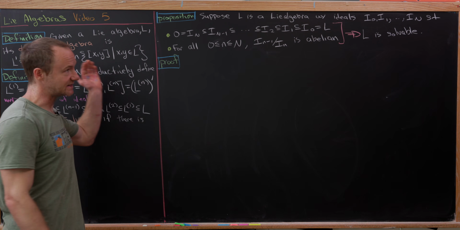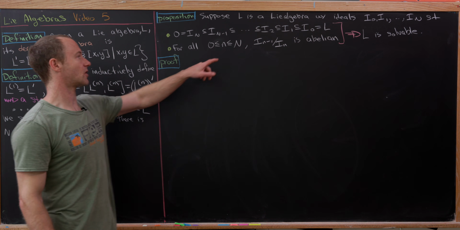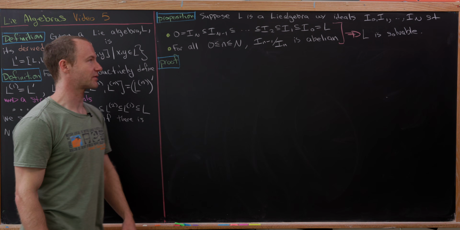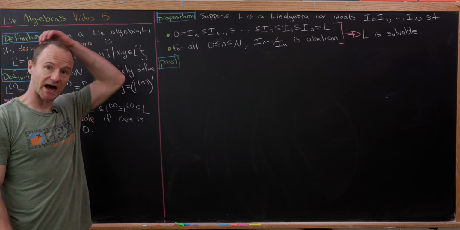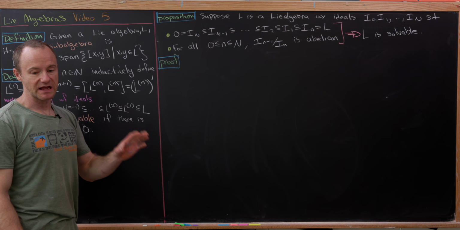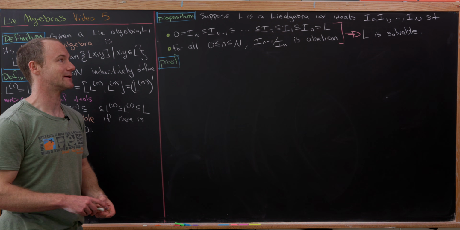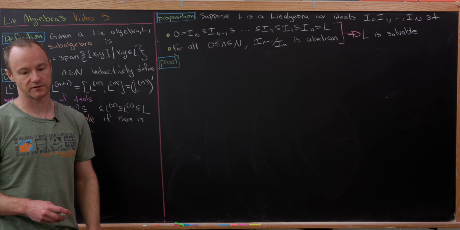The second condition is for all n between 0 and capital N, the quotient I_{n-1} mod I_n is abelian. If those two are satisfied, then that implies that L is solvable.